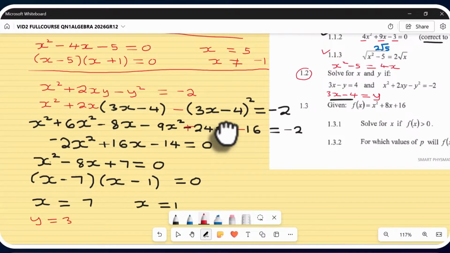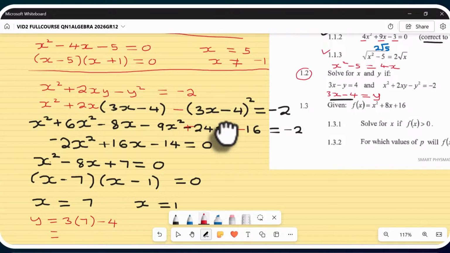They say here that given f of x equals to x squared plus 8x plus 16, solve for x if f of x is greater than 0. So it's another inequality here. Hope we have got the factors here.